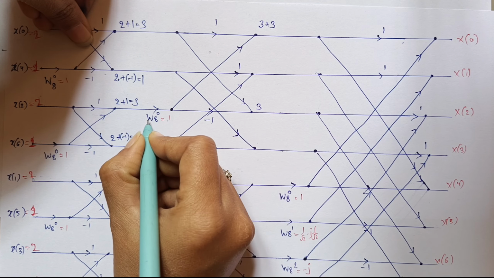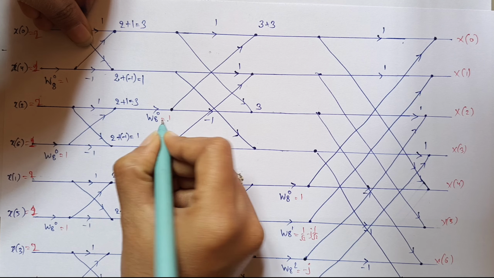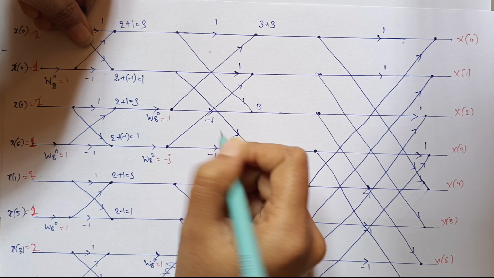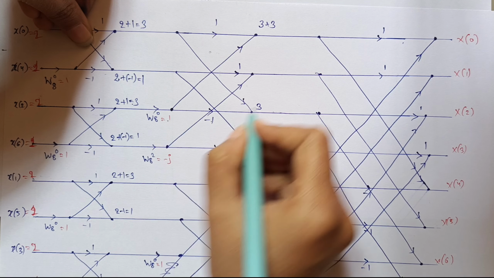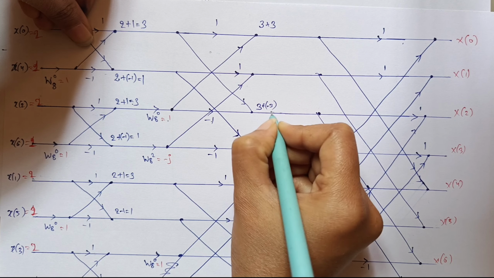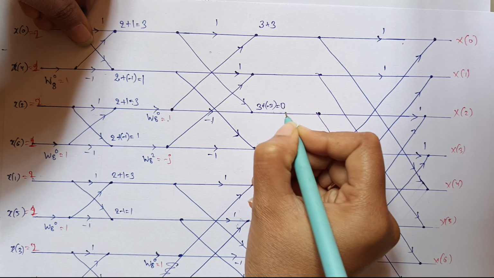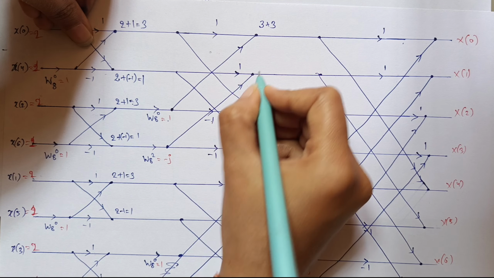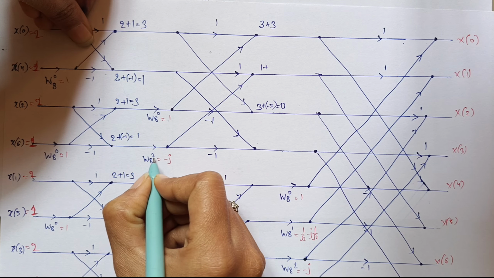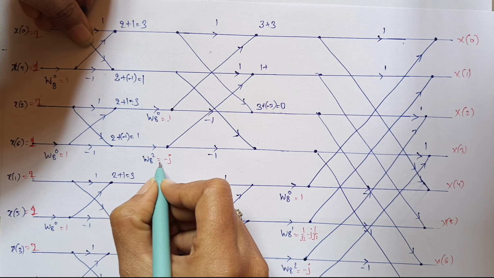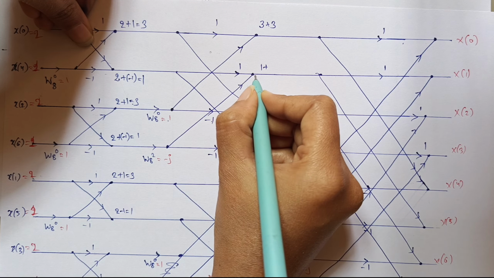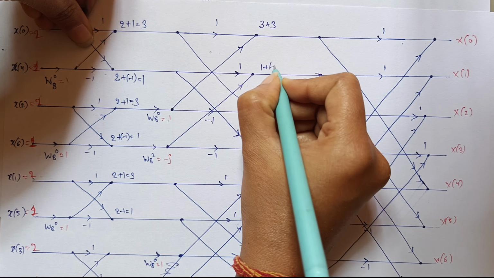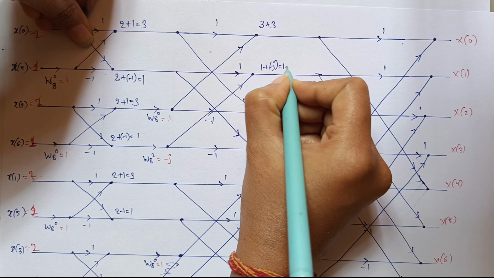We have 3. From here we have 3 into 1 into minus 1. So we will get minus 3, right? Plus minus 3, what will it be? It will be 0. From here we will get 1 and multiplied by 1 is 1, plus from the bottom 1 into minus j and nothing getting multiplied, so we will get minus j. So we got 1 minus j.